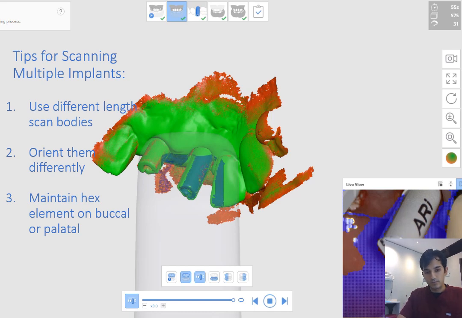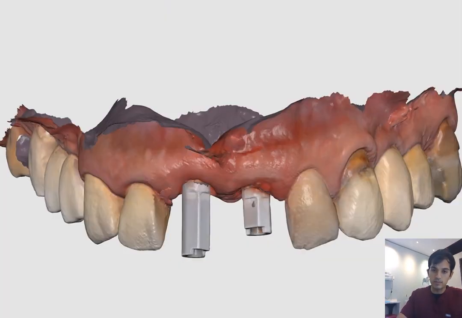And finally, you want to maintain the flat surface. If you look at these scan abutments, they have this flat surface on one side and they're cylindrical everywhere else. You want to maintain that flat surface on either the buccal or the palatal or lingual as much as possible. And the reason we do this is because the easiest surface to scan naturally is the buccal or the palatal without worrying about any undercuts from the interproximal aspect.